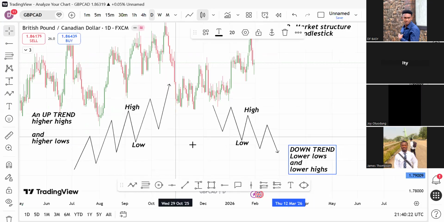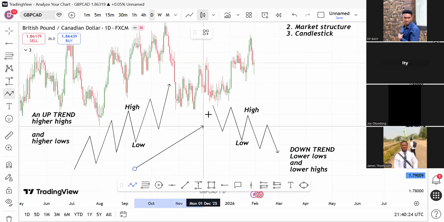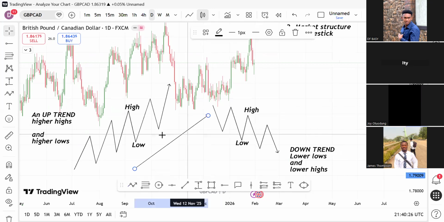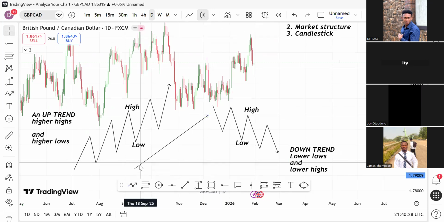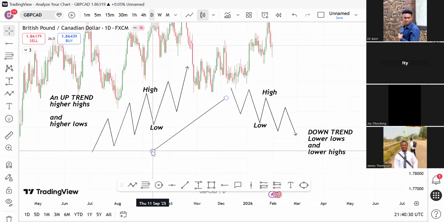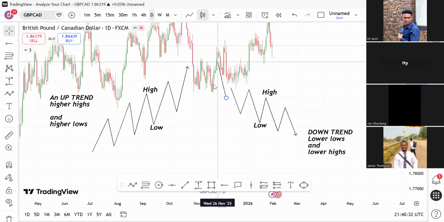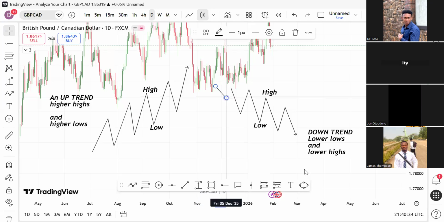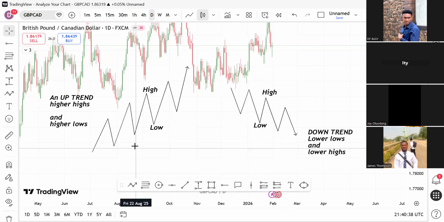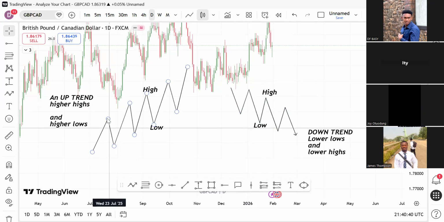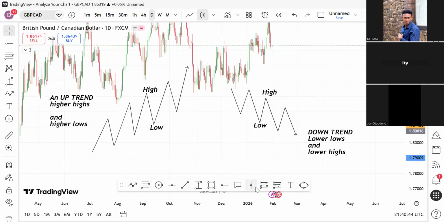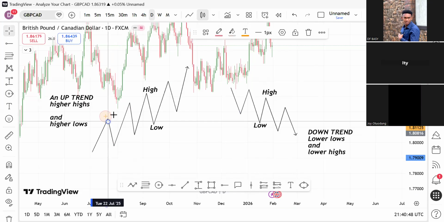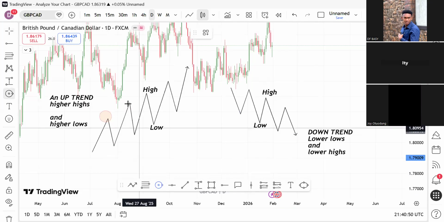Like I told you, the market doesn't just move straight. It moves in waves. Likewise, if the market is descending, in a downtrend, it doesn't just move straight down. It moves in these waves. Inside these waves, this is a high, this is a high, this is a high.